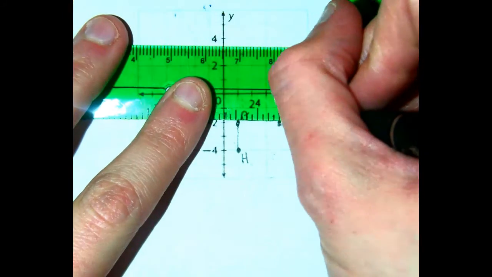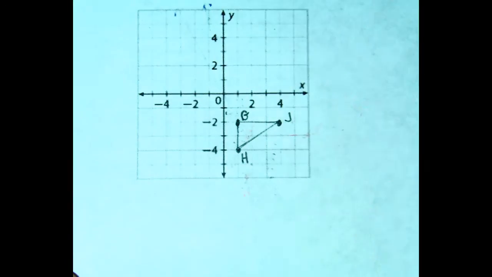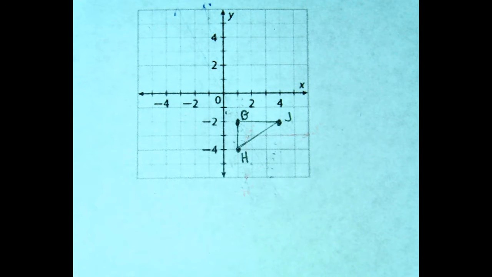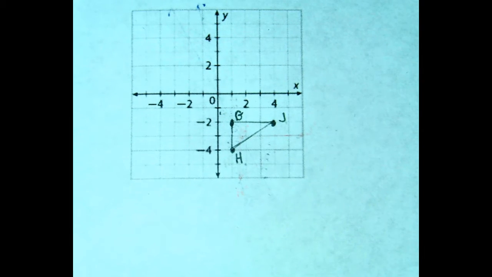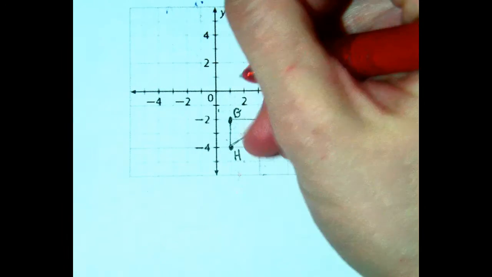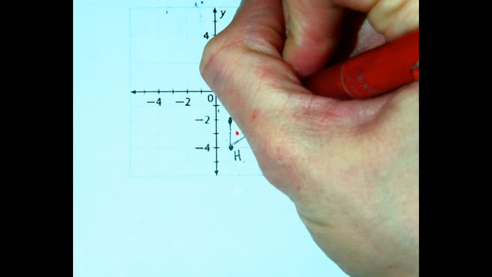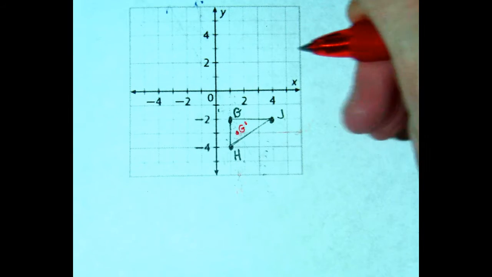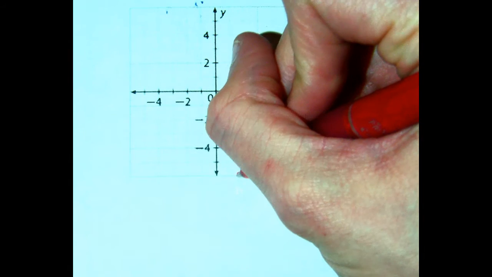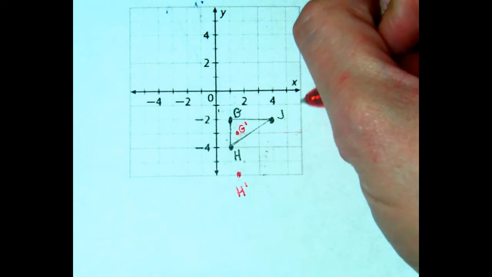Okay. I then need to graph the image points. So G prime is 1.5, negative 3. H prime is 1.5, negative 6. And J prime is 6, negative 3.